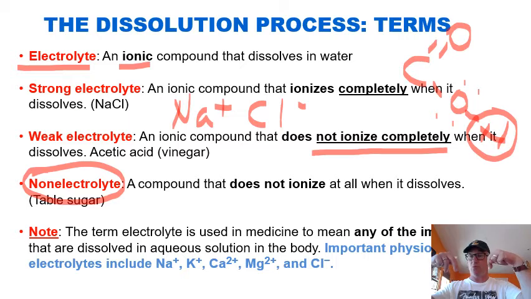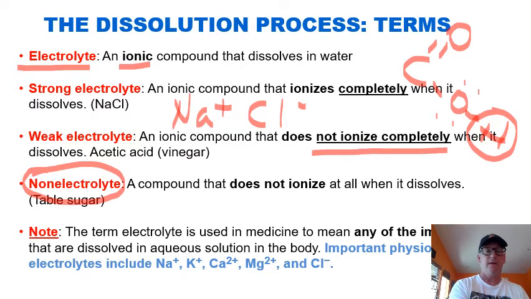If we were to put 2 wires into water, could it conduct electricity between the wires? If there's a strong electrolyte in there, it can, because the ions in the water will move to each side of the wire and transmit charge. Strong electrolytes will do that. Weak electrolytes will do it a little bit, but poorly, and non-electrolytes won't conduct electricity at all.